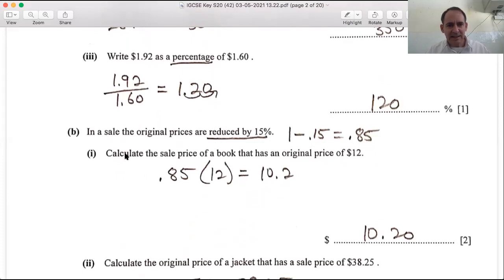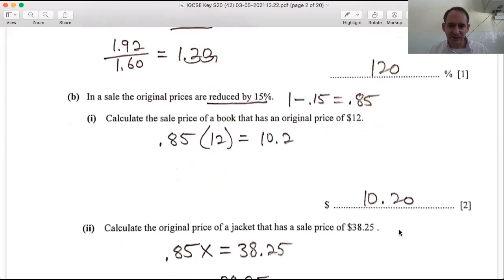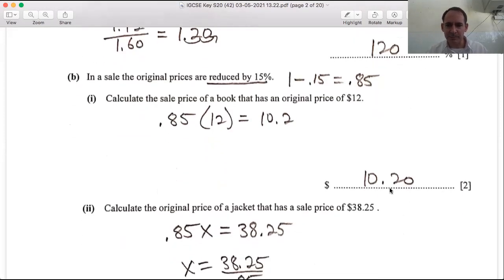And it says, calculate the sale price of a book that had the original price of $12. So 12 is the original. We're going to take 0.85 times the original, and that will be our sale price. So the sale price ends up being $10.20. Notice I added the extra 0 there because we're dealing with money.